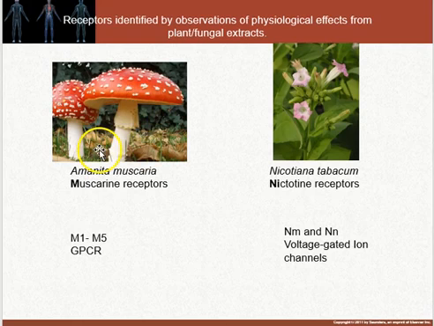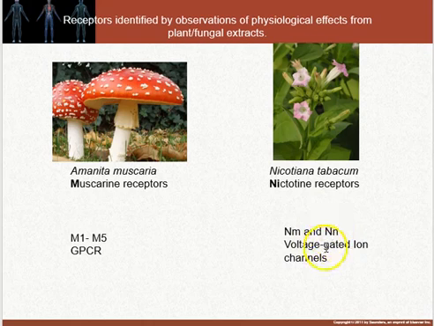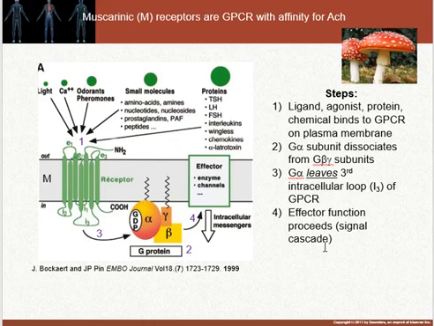The muscarinic receptors, and there are 5 of them, are G protein coupled receptors, and they have a very similar cell signaling physiology that we've talked about in detail in other courses. And of course, the nicotinic receptors were named because of the effects of nicotine. This is tobacco right here. There are 2 subtypes, the nicotinic sub M and the nicotinic sub N, as in Nancy. And these are ligand-gated ion channels.